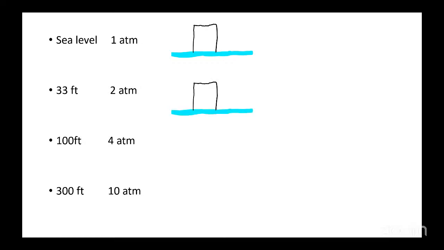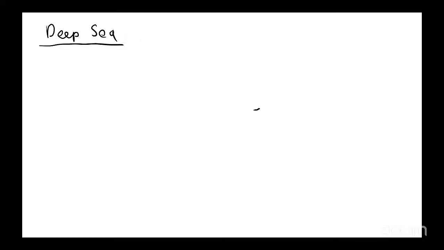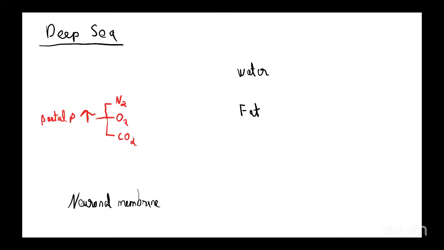As a result of that, what will happen? When the pressure outside is increasing, the volume over there will decrease. You keep going further, keep going further. So this is the pressure it is exerting from outside. So when you are going deep, the partial pressure is increasing, of nitrogen, oxygen, carbon dioxide, all of this we talked about.